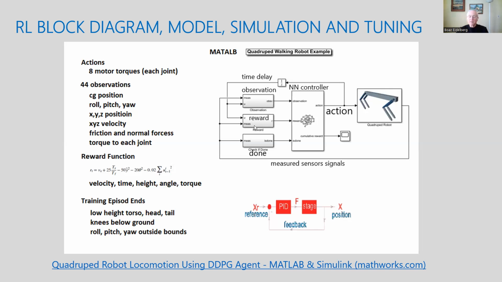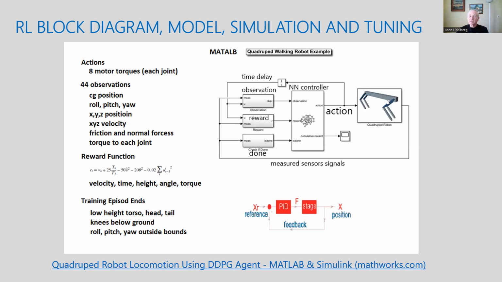The reward function in this particular case was shown to be related to velocity, time, the height of the torso, the angle, and the torque. What we see over here is the function. The higher the velocity, the higher the reward. The shorter the time it takes to complete the job, the higher the reward.